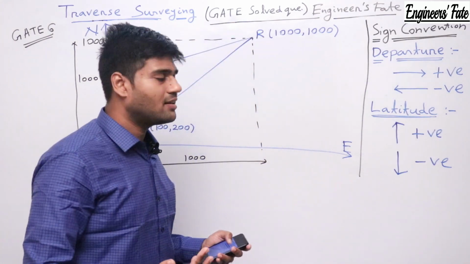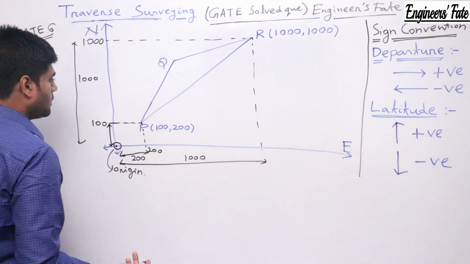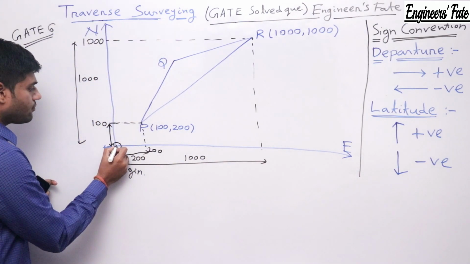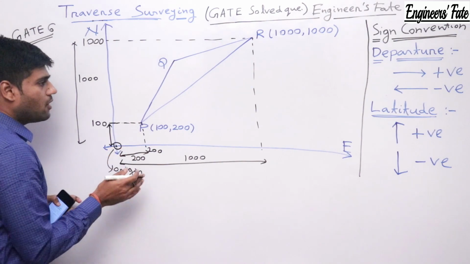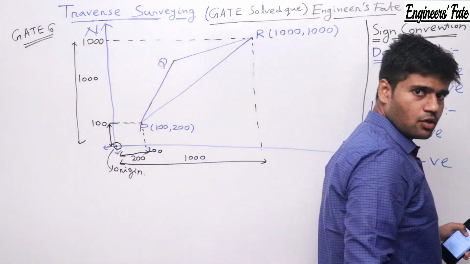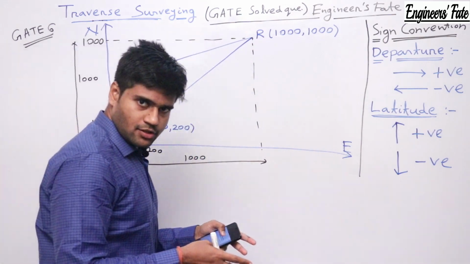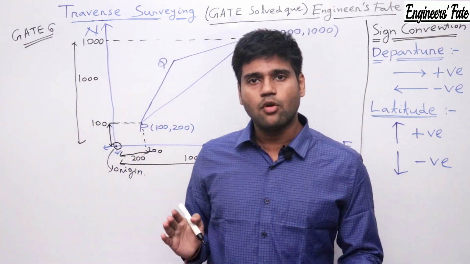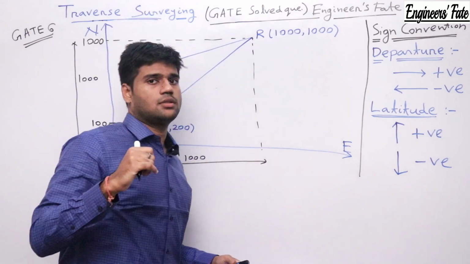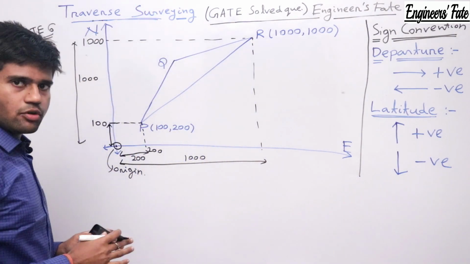So now let's start solving the question. See, I am at the origin. I will move towards right, towards east. I will also move towards north. Then I have to write the equation.